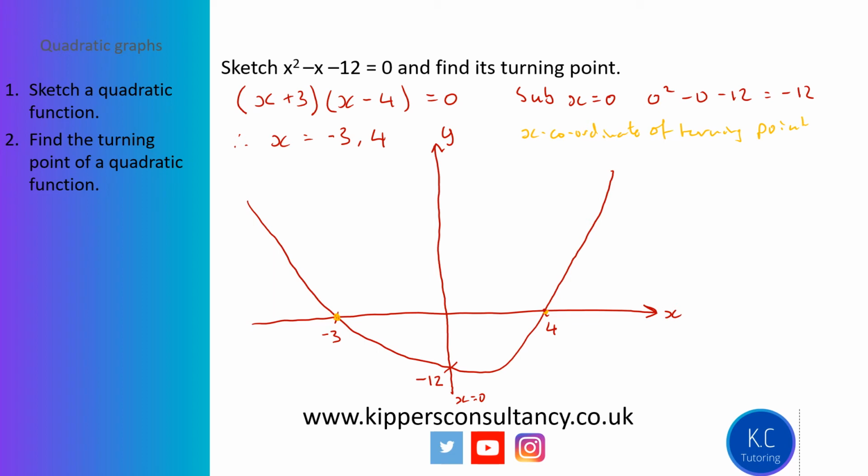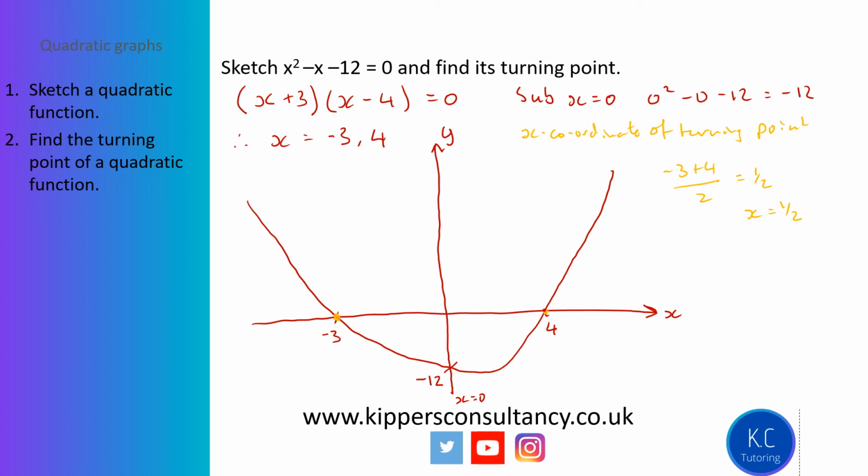So the average of the two roots would be minus 3 plus 4 over 2, which is a half. So the x-coordinate of our turning point is a half. And I'm just drawing this here on the graph.